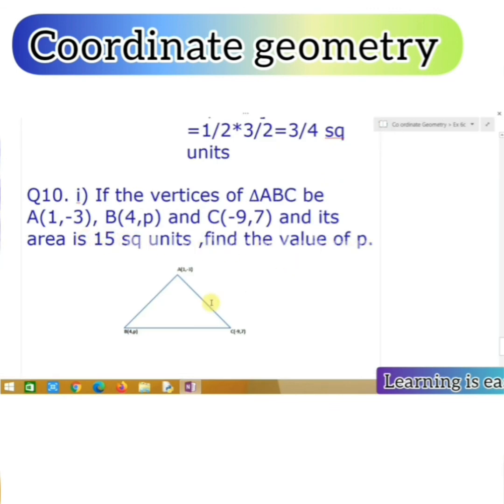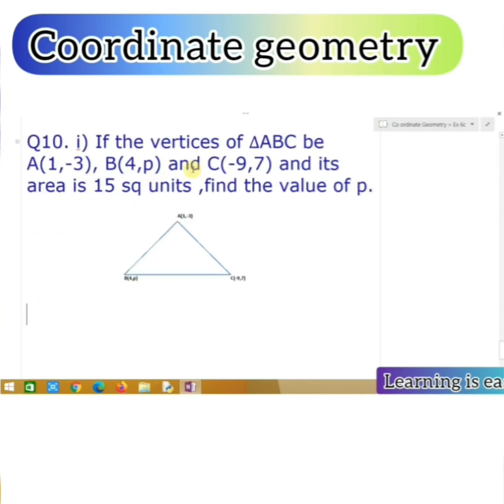Next, question 10. If the vertices are given, find the value of P and the area is also mentioned. The LHS given over here is 15 square units.